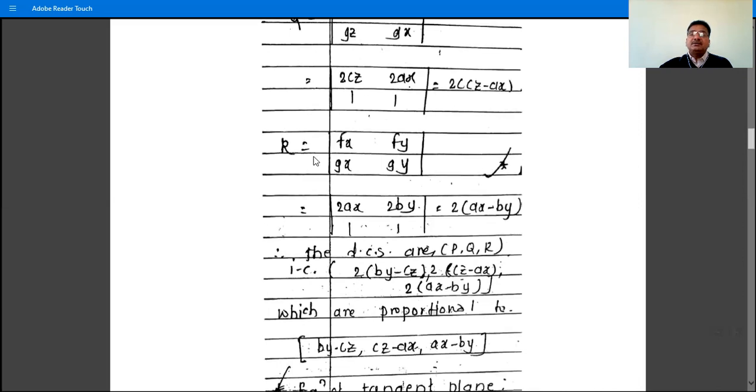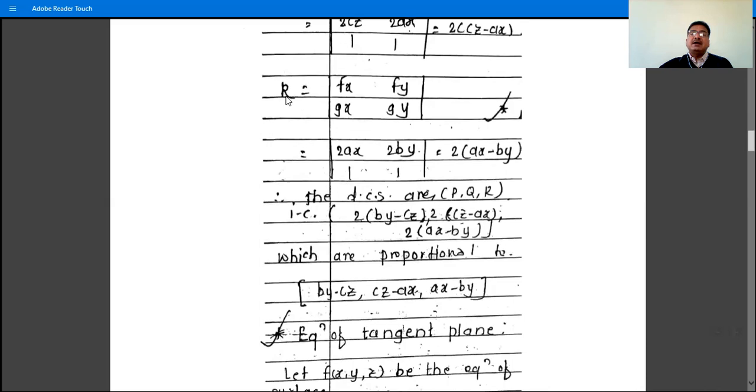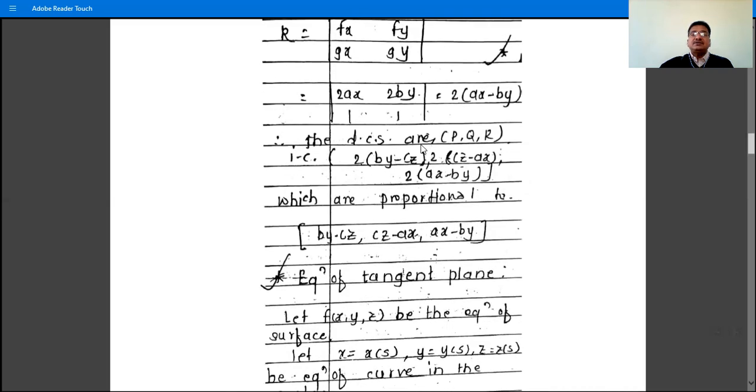Similarly, capital R is the determinant fx fy, gx gy. Capital R is the Jacobian ∂(f,g)/∂(x,y), and its value is this determinant with 2ax, 2by, 1, 1. Therefore the direction ratios of the tangent line, P, Q, R, are 2(by minus cz), 2(cz minus ax), 2(ax minus by).